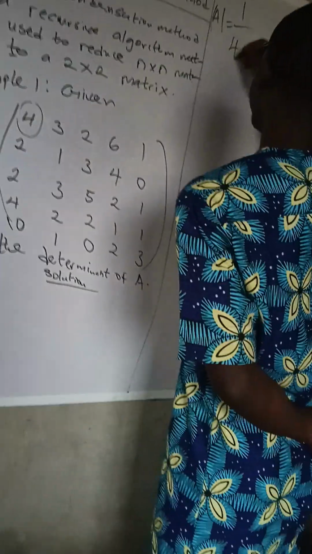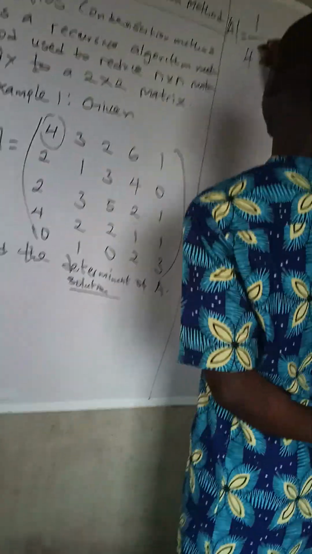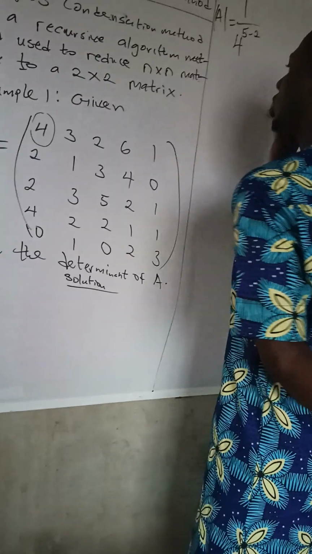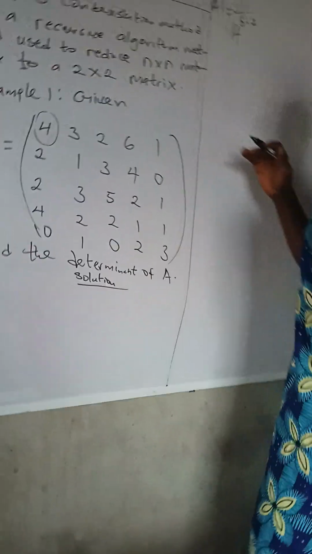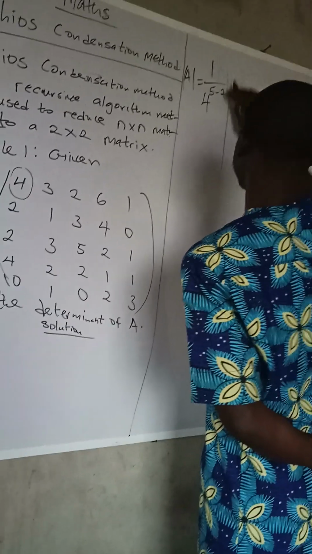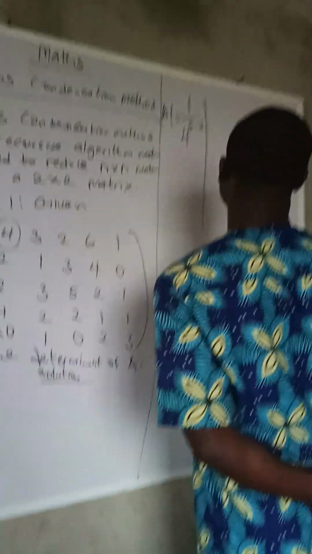So we have 4, all raised to power. How many rows do you have? We have 5 minus 2. The minus 2 is always a constant. So we are going to reduce this. What we are trying to do now is to reduce this matrix into a 4 by 4 matrix.